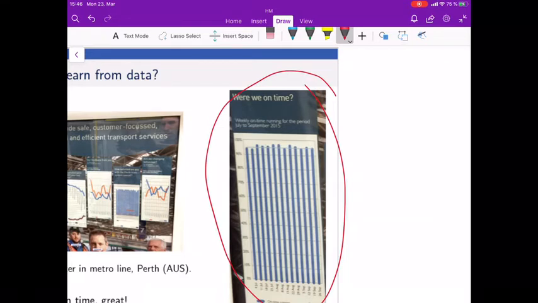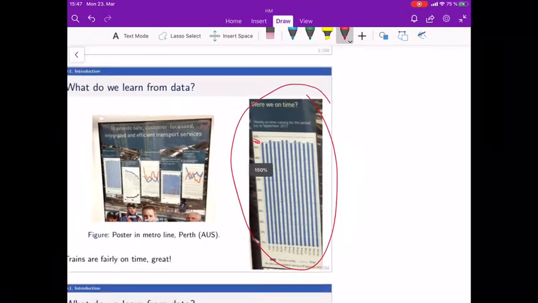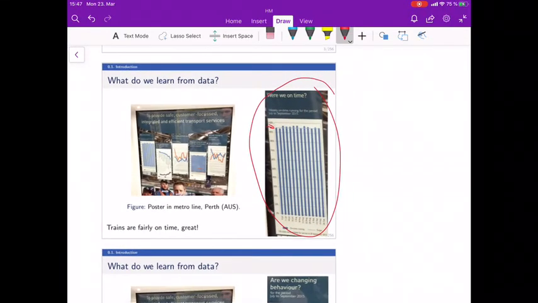We see we're somewhere in the 90s, 90% and above. There's a little blue line here. That's probably the average. We're going to talk about averages in a few minutes. 95% punctuality sounds pretty decent to me. So this is one of the uses of data. We can see how good the system works. Great.